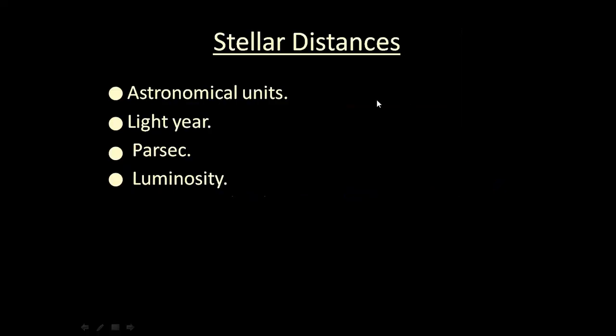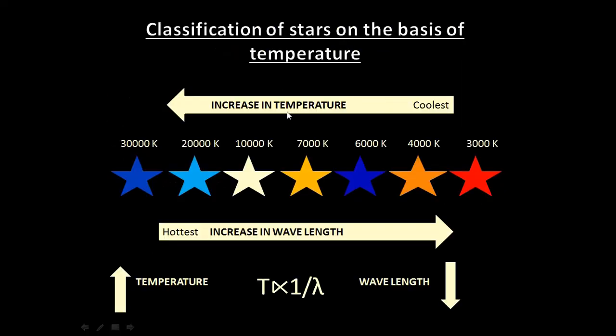Next, how does the classification of stars take place? As the temperature increases, the wavelength goes on decreasing. The highest temperature of a star is 30,000 Kelvin, which is blue in color. The blue color has the shortest wavelength.